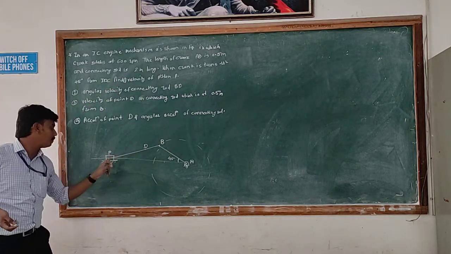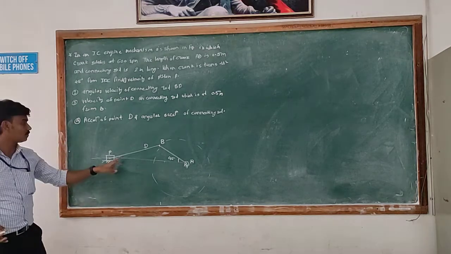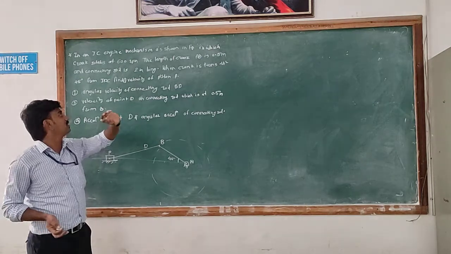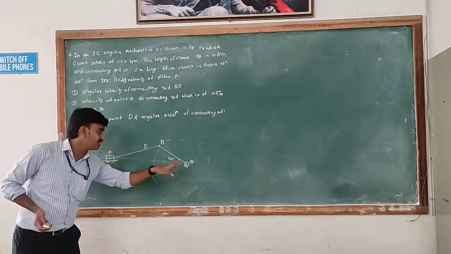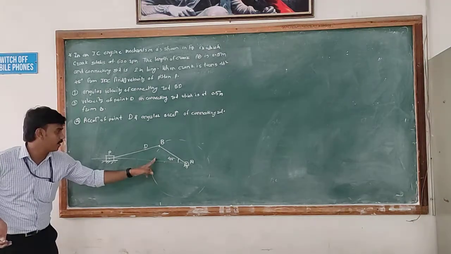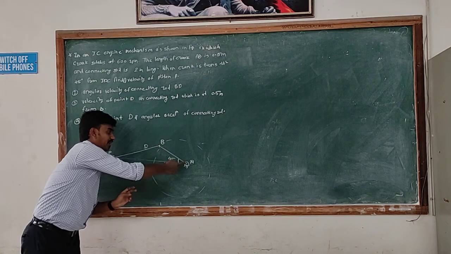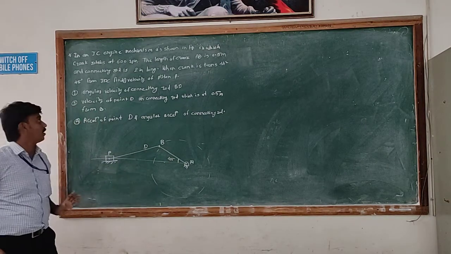BP is the connecting rod and its length is 2 meter. The main crank is turned through 45 degrees from IDC, meaning the crank is rotated 45 degrees from inner dead center. This is the angle made by the crank AB from inner dead center.